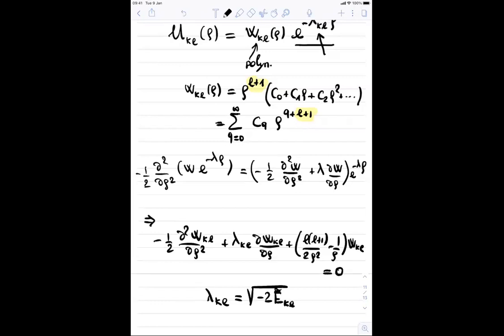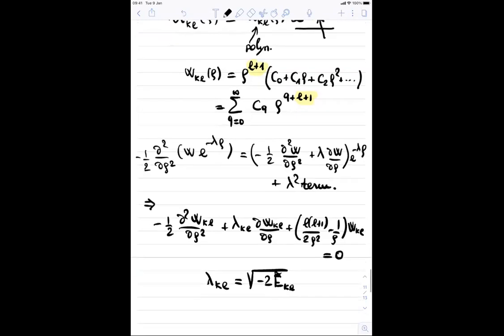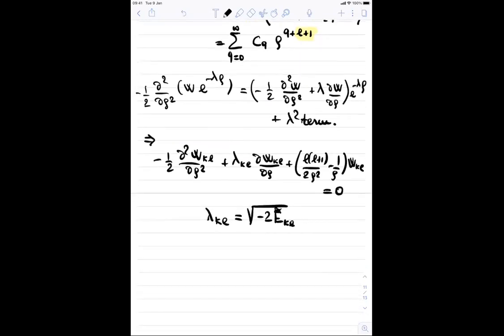Sorry, I think that I missed here some lambda square term. I wanted to make the algebra faster, but this is probably a bad idea. So I urge you to actually do the steps in page 89 carefully enough yourself. Otherwise, there's essentially nothing that I can do to convince you that you can do this algebra.